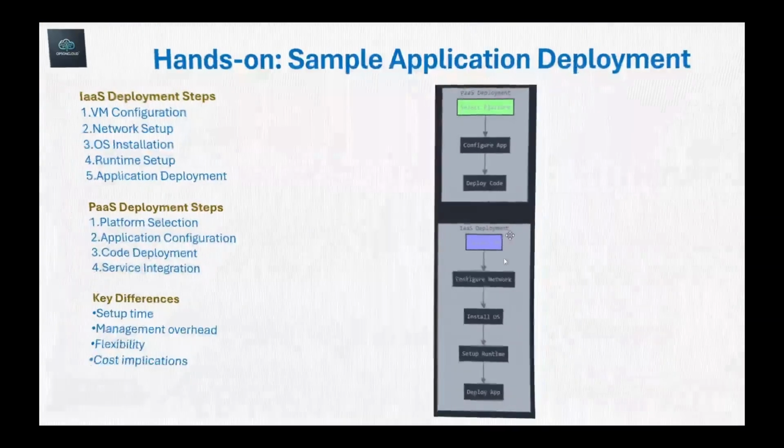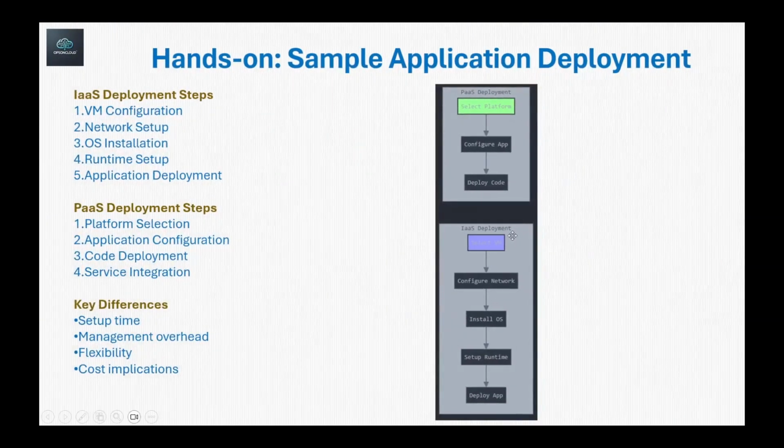Okay, now let's look at a quick example of deploying a sample application. IaaS deployment steps. If you want to deploy a web application in IaaS, you have to do a VM configuration. You have to choose the right instance size. Each of the cloud providers has their own family of compute in the name of VM or EC2 or GCE.